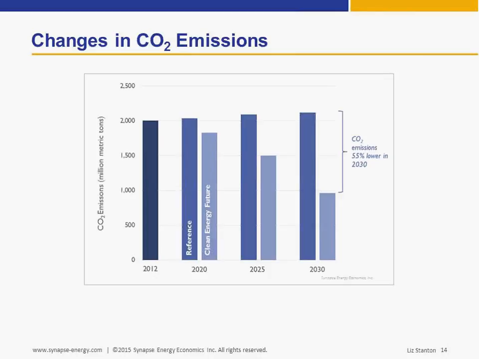For the Clean Energy Future, what you see is the carbon dioxide emissions dropping over time, and the statistic that's pulled out on here is that in 2030, the CO2 emissions are 55% lower in the Clean Energy Future than they are in the reference case. It's a big drop.